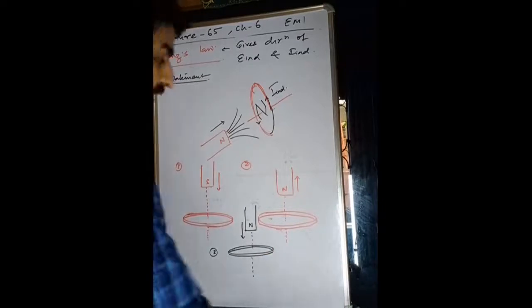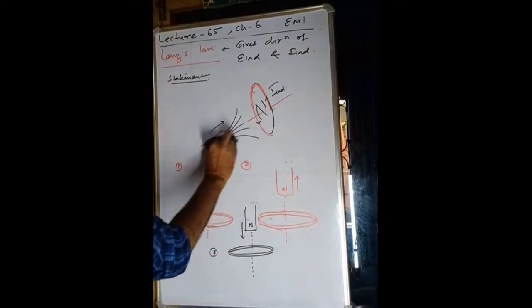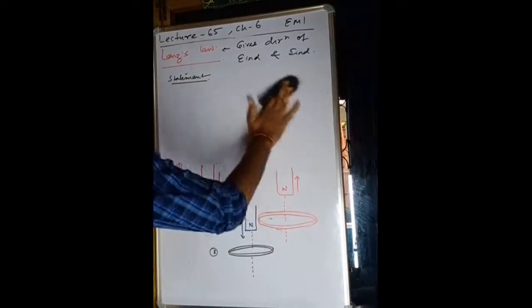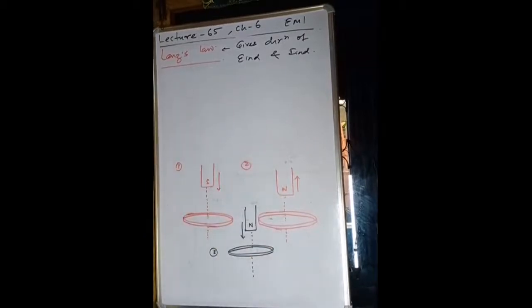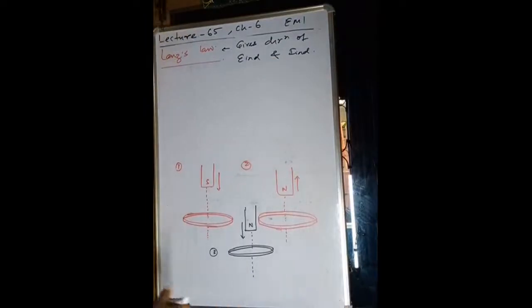Okay, my dear students, try to think of the answer to this one. Let me draw this one. I hope you got the answer to this question. Now let me solve. Yes, the south pole is coming towards the coil.